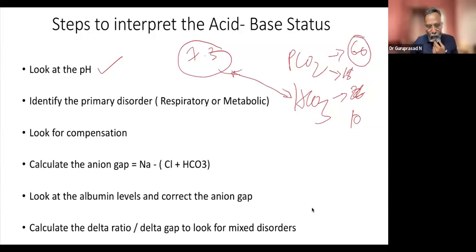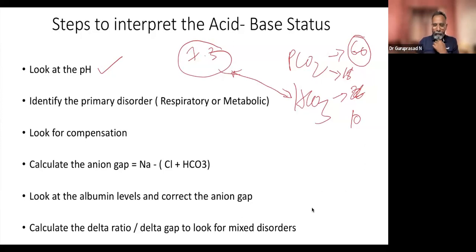So what is important is, once you know the pH, next you should look for the primary disorder. Once you find the primary disorder, next you have to look at the compensation. If the primary disorder is metabolic, you have to look at the respiratory compensation. If the primary disorder is respiratory, you have to look at the metabolic compensation.